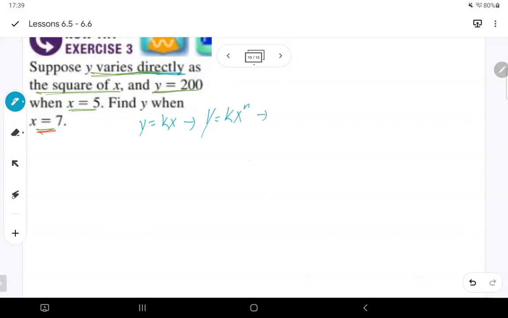And when we plug in the power and the information we know that y is 200, x is 5, and we know that it's the square. So we'll do y equals kx squared when y equals 200 and x equals 5.